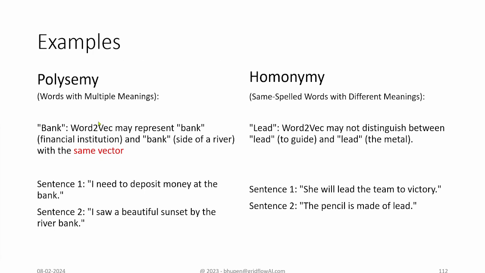For example, if you use the word bank, it may be a financial institution, or bank could be a side of a river. Word2Vec has no ability to distinguish between the two. And that's why we will be talking about advanced embedding techniques like transformers and BERT and fastText and ELMo, for example.